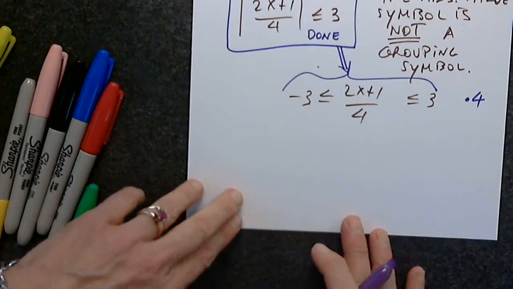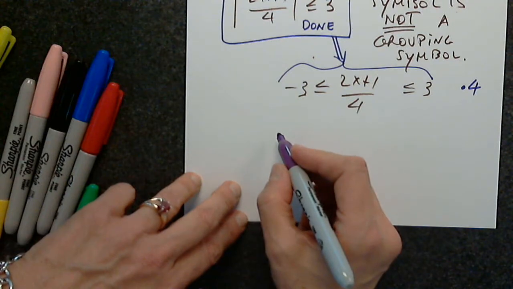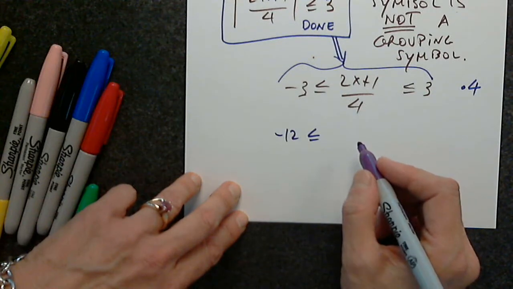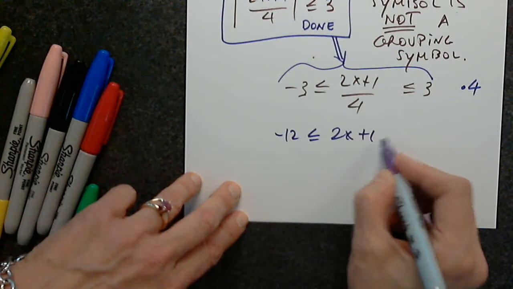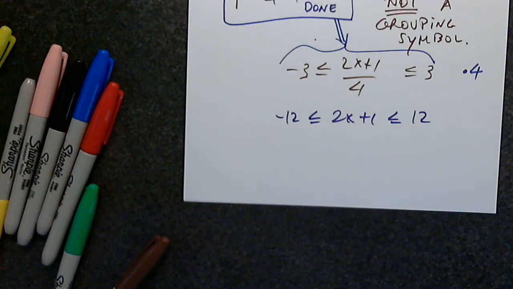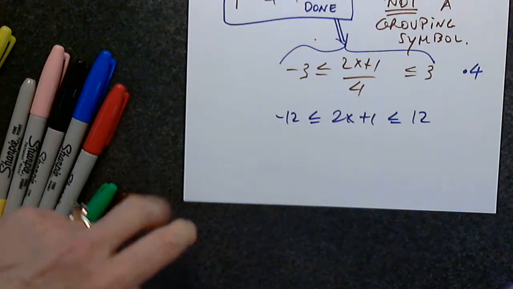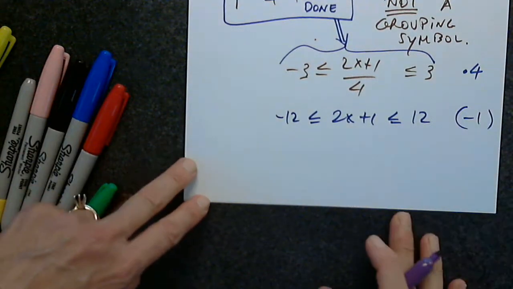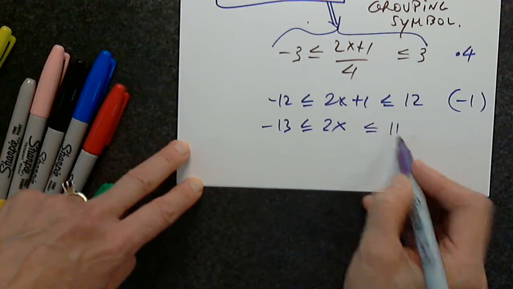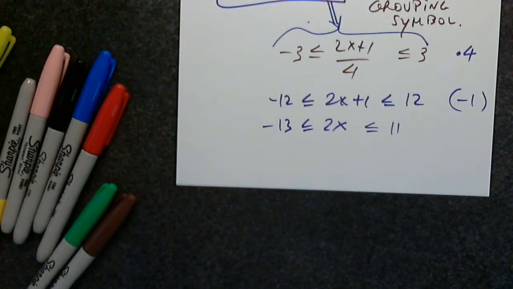The left-hand side, when you multiply by 4, -4, very good. Less than or equal to, in the middle, 2x plus 1. Awesome. On the right, good. Next step, please. Awesome. Subtract 1 from all 3 sides. -13 less than or equal to 2x less than or equal to 11. Final step, please. Divide by 2.